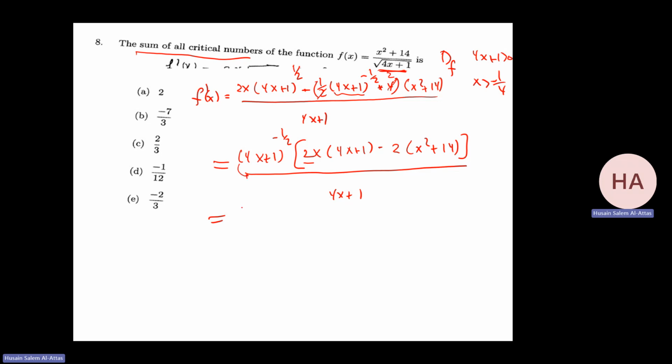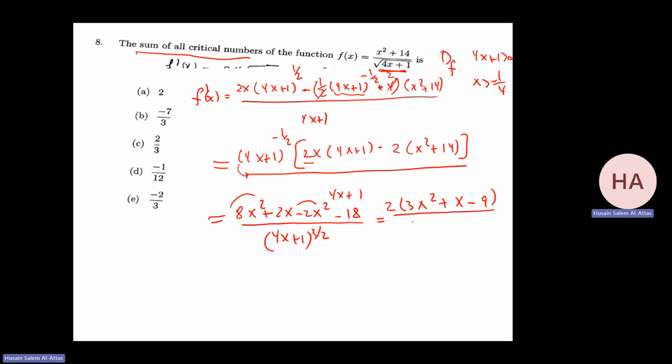So I have in the numerator 8x squared plus 2x minus 2x squared minus 18 over 4x plus 1 to the power 3 over 2. That gives me 6x squared plus 2x. I can take 2 common factor. This is 6, I take 2. So I have 3x squared plus x minus 9 over this.